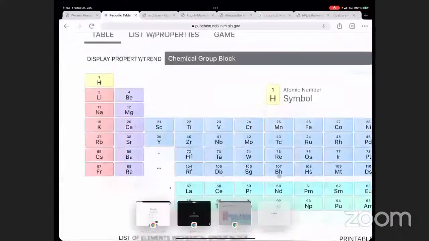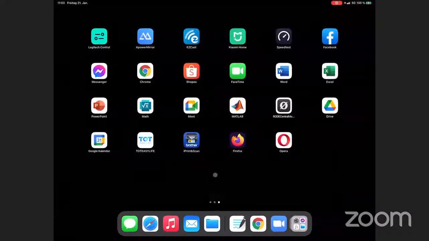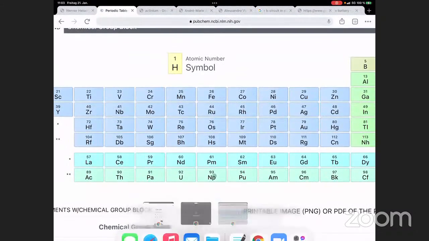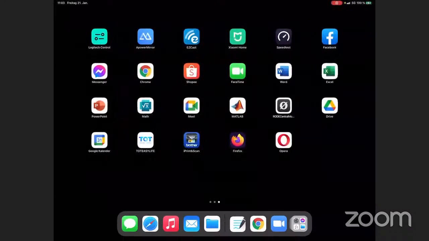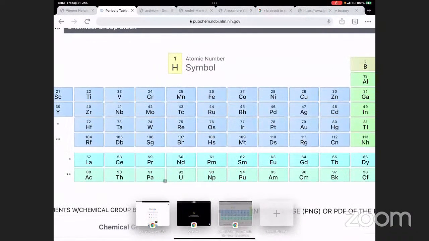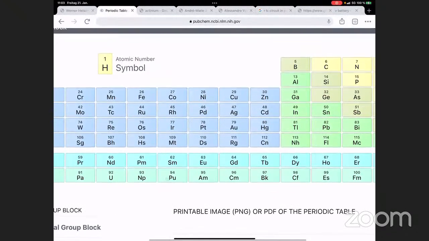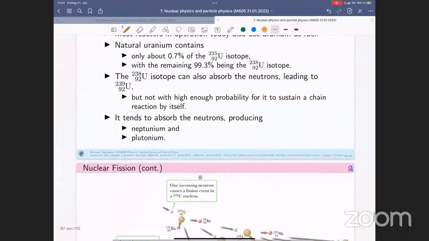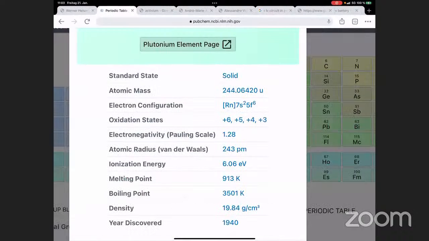Where is that neptunium? This one, a bigger one with one more proton, and then plutonium. What is plutonium? This one, Pu, plutonium, I think. Yeah, to the next elements like this. Is that correct? Otherwise, I'm going to bring you to something wrong.